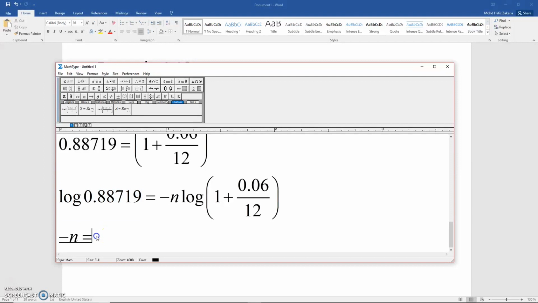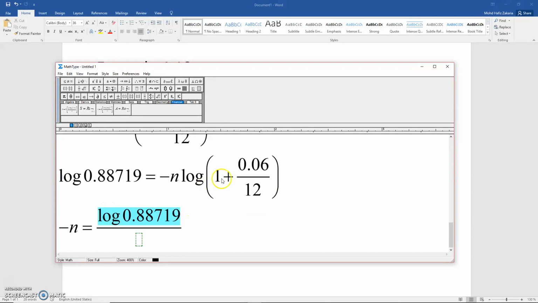Let's try to calculate for this. 0.06 over 12 plus 1, so 1.005. So divide with log 1.005.